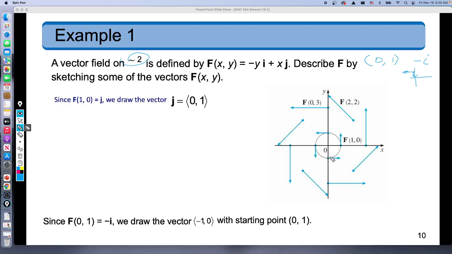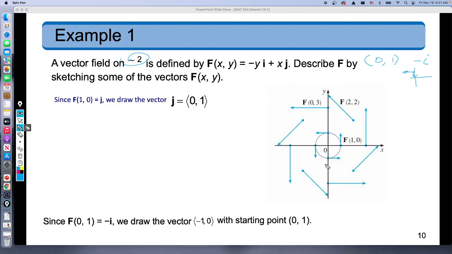And you can see we just go point by point and plot them, and you can see it's got this circular pattern around. So at 0, 3 we get this one, at 2, 2 we could draw each of these. I'll show you an online tool that will take this function and actually draw the whole vector field for you. But this is just giving us an idea of what's going on here.